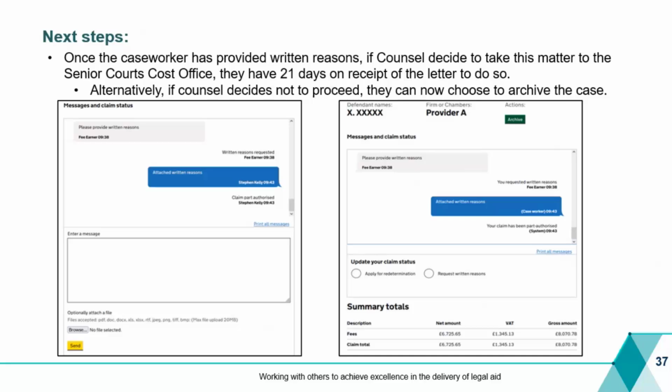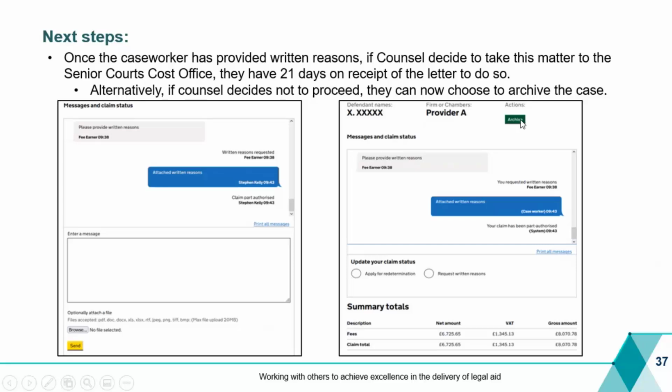Once we've provided our written reasons, you do have 21 days on receipt of that letter to take the matter to the Senior Courts Cost Office. On any written reasons we provide, we will provide you a letter with the assessment we made, attach that to CCCD, and that explains our position and also exactly how you can go about taking the matter before the Senior Courts Cost Office.